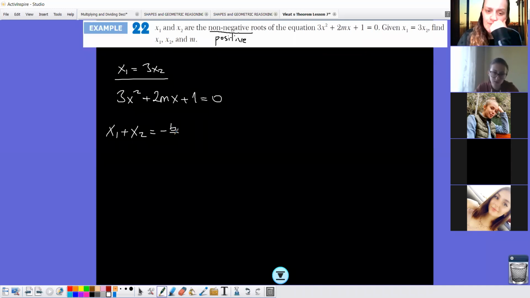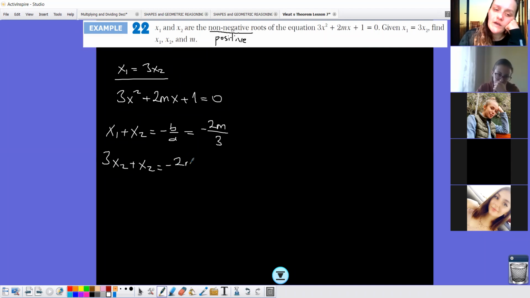Minus b over a, which is minus 2m over 3. So x1 is given as 3x2. Instead of x1, if I write 3x2 plus x2, it will be minus 2m over 3. Then 4x2 is equal to minus 2m over 3.